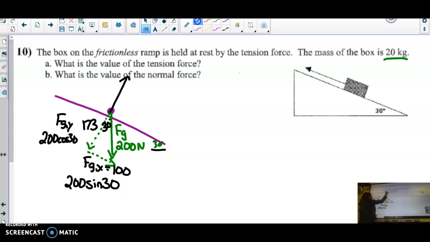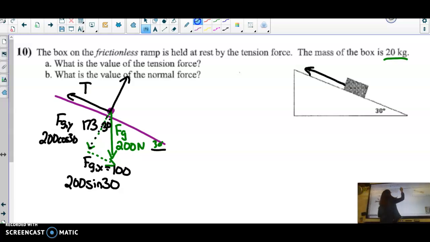So we want to make sure that line looks like that. It's basically an extension of this green dotted line here. That's all in line with each other. And then there's also the tension in the rope coming from this right here. So there would be tension right there.